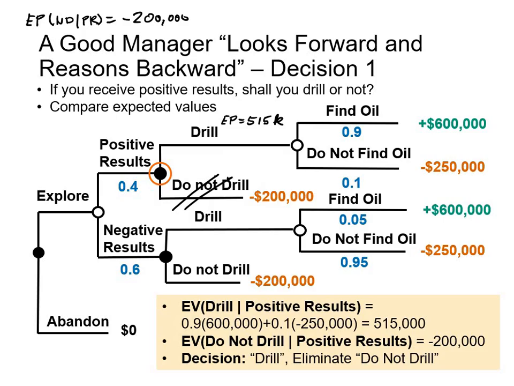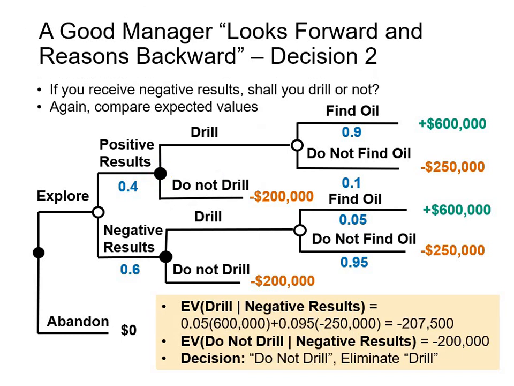So therefore we can eliminate that decision through backward induction. So the decision is we drill after we got a positive result, and we eliminate do not drill.